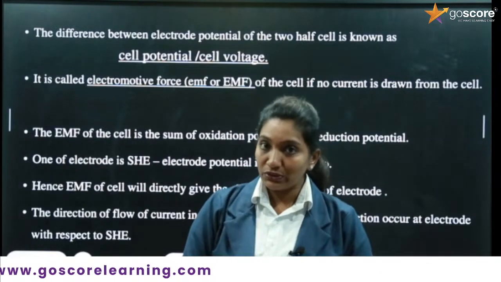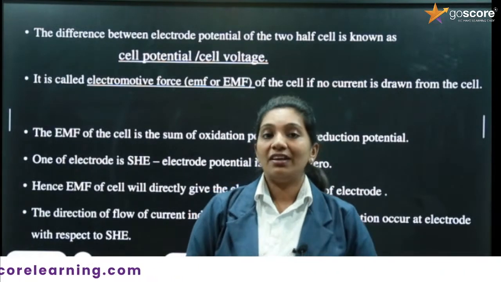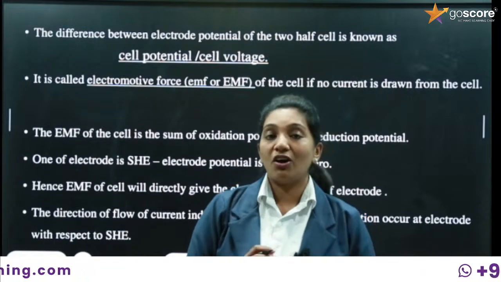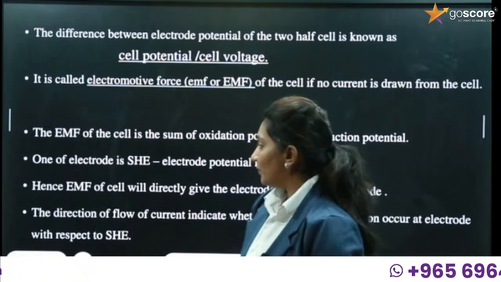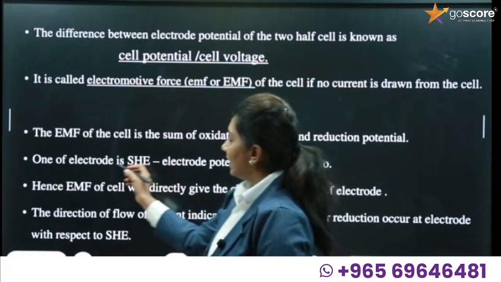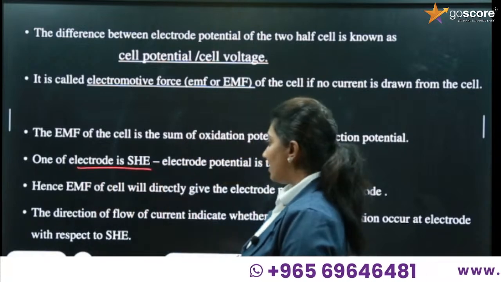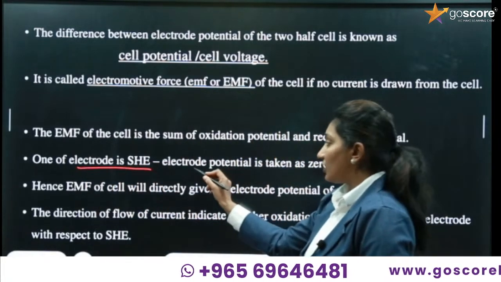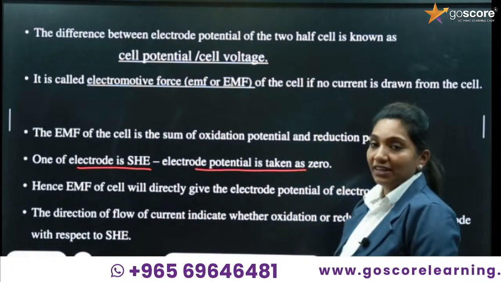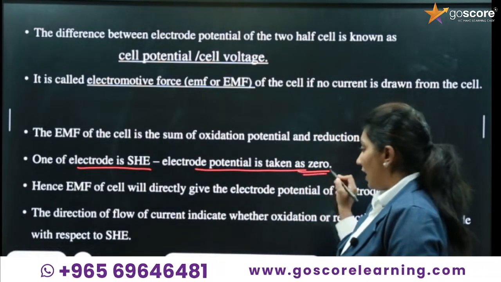Okay, and I told you the electrode potential of the standard hydrogen electrode is always taken as 0. Okay, so once one of the electrodes in the cell is the standard hydrogen electrode and its electrode potential is always taken as 0 value.